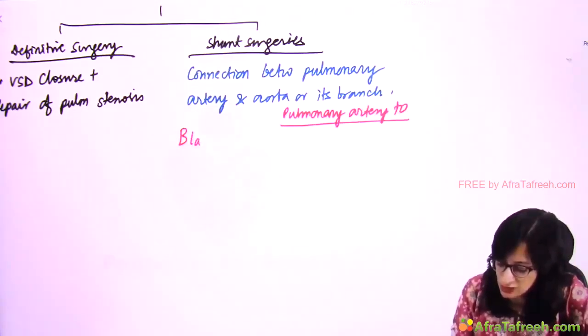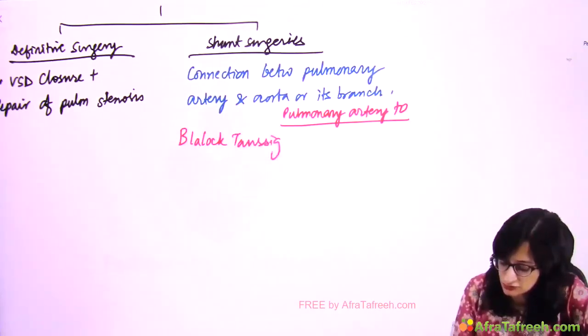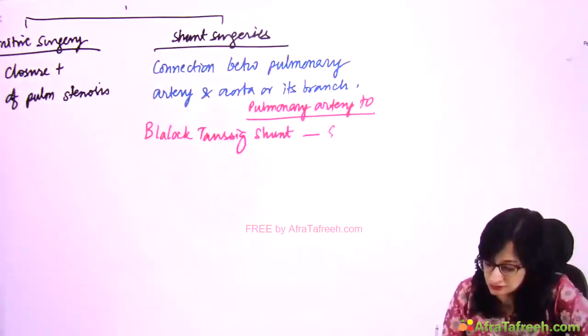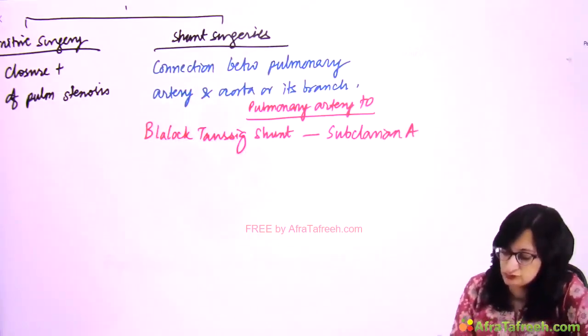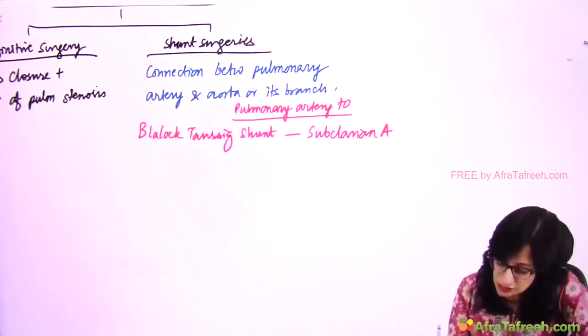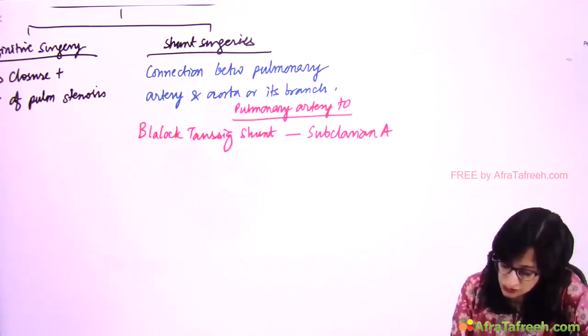So one is the Blalock-Taussig shunt. It connects the pulmonary artery to the subclavian artery, which is a branch of the arch of aorta. Okay. There's another shunt called Waterston shunt.